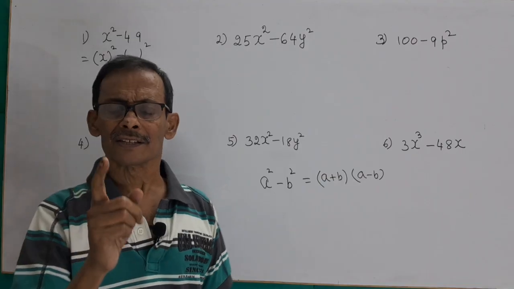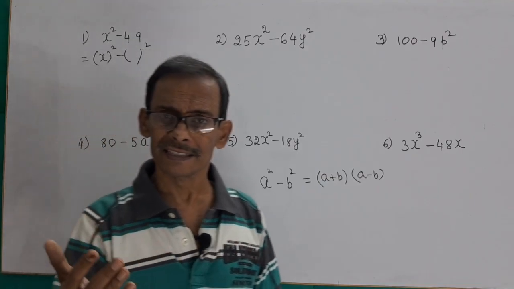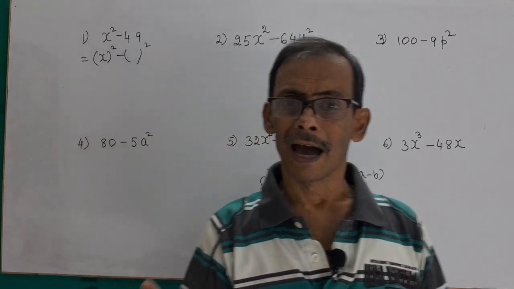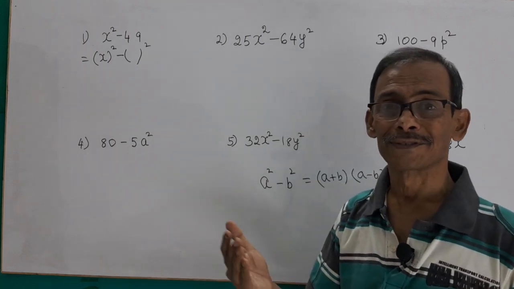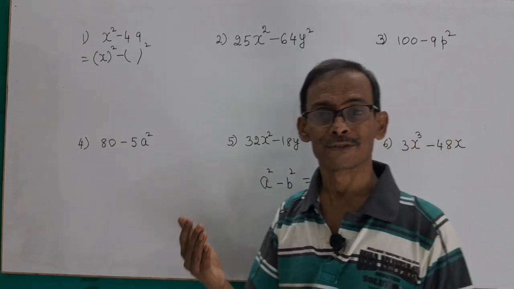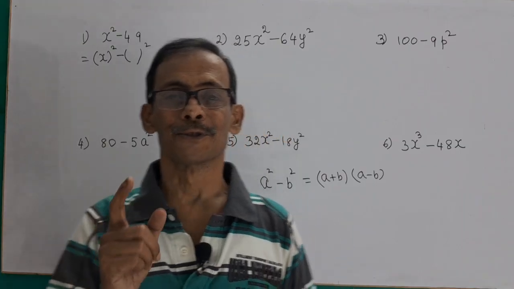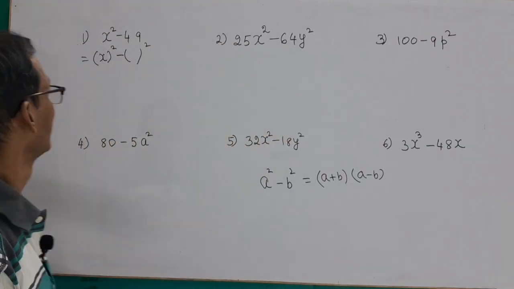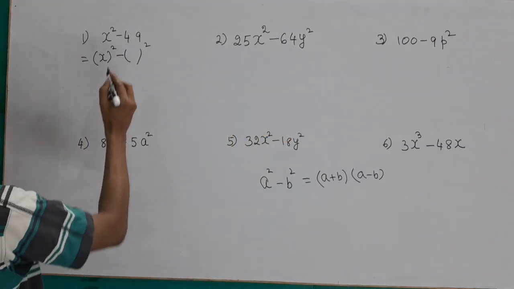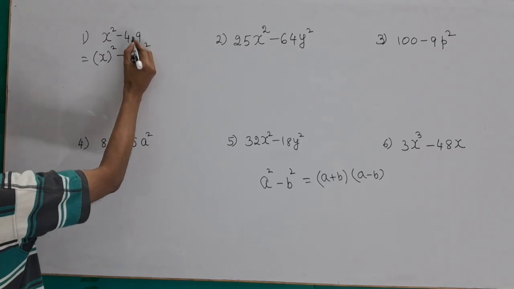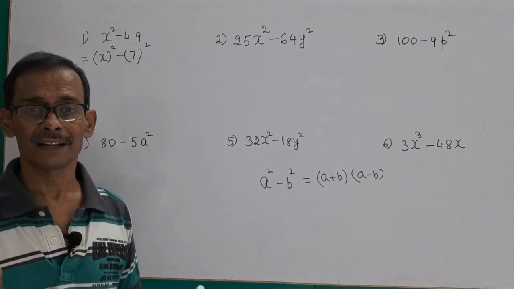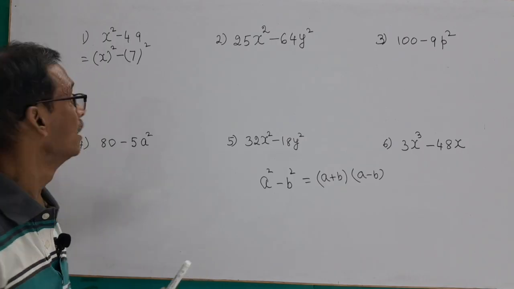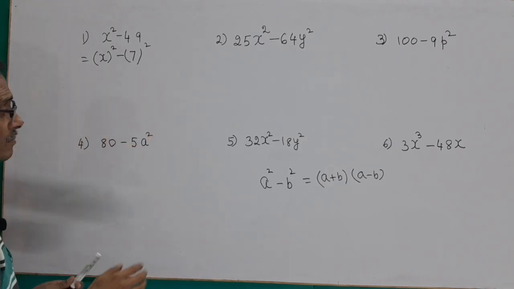So 9 is the square of 3 and 16 is the square of 4 and 25 is the square of 5, 36 is the square of 6 and 49 is the square of 7. So 7 sevens are 49. So you can write very well 49 as 7 square because 7 into 7 is 49. I hope it is clear.